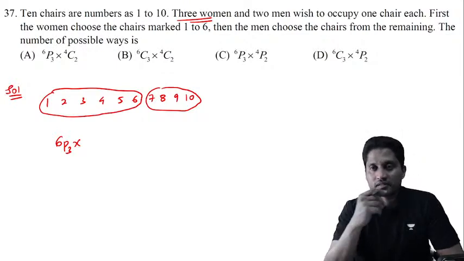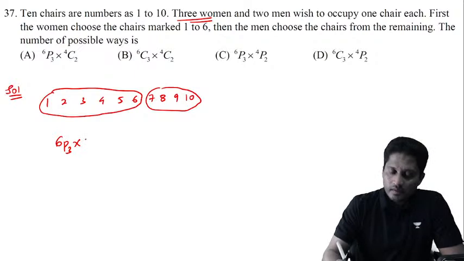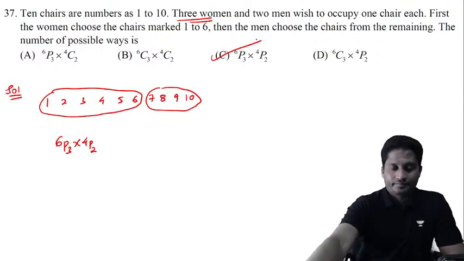So the remaining 4 chairs should be filled with 2 men. Permutation is 4P2. Answer is option C only.